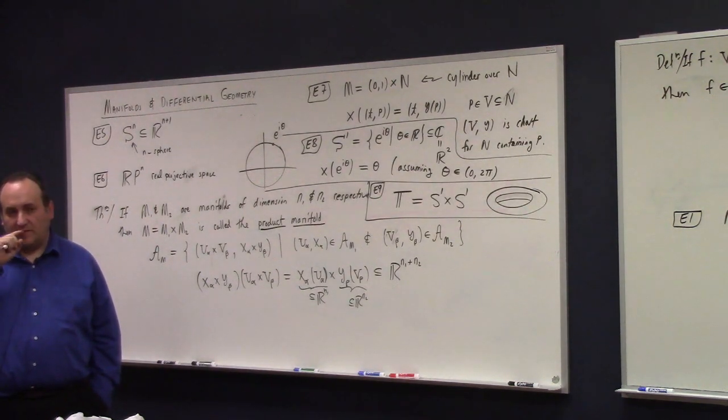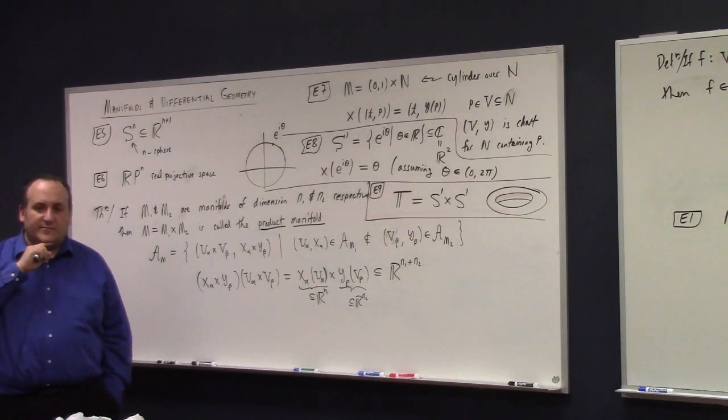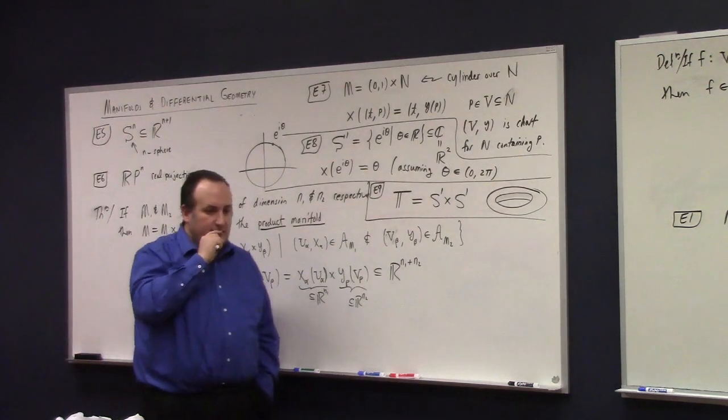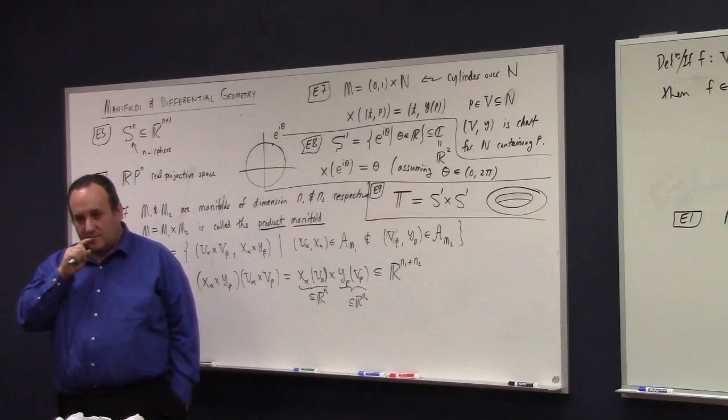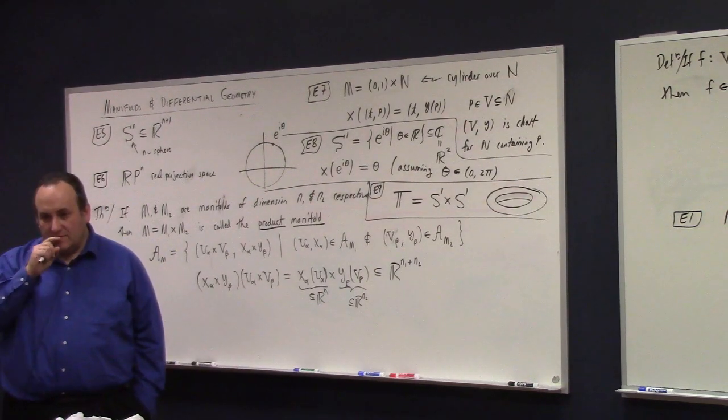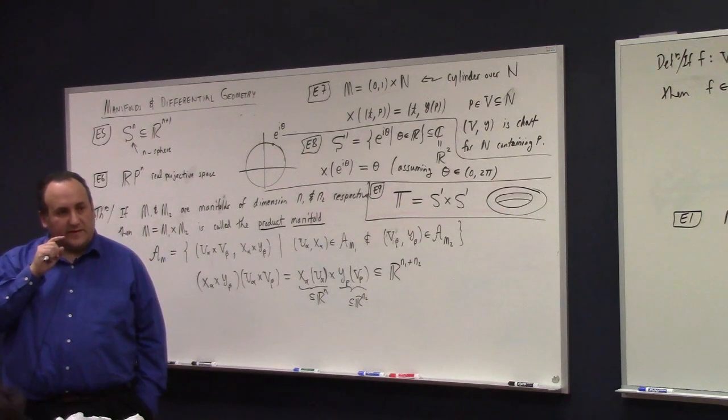Now here's something. Eventually in this course, I want to get to the point of explaining to you that this torus, depending on your notion of distance, can either be thought of as a flat manifold or a curved manifold.